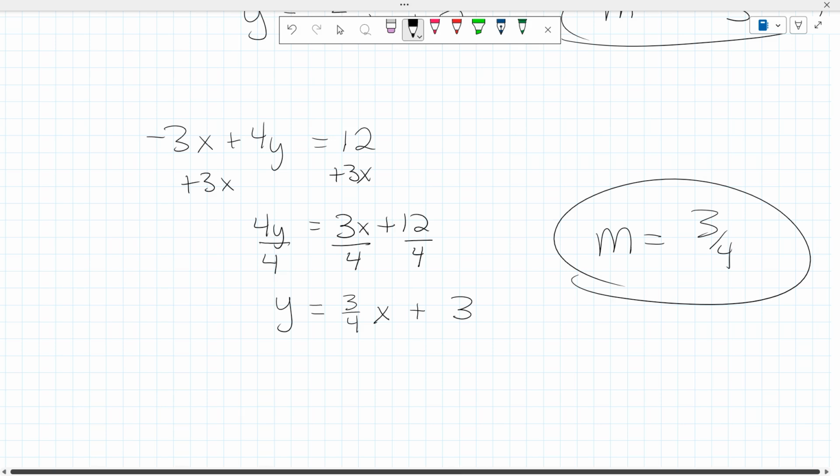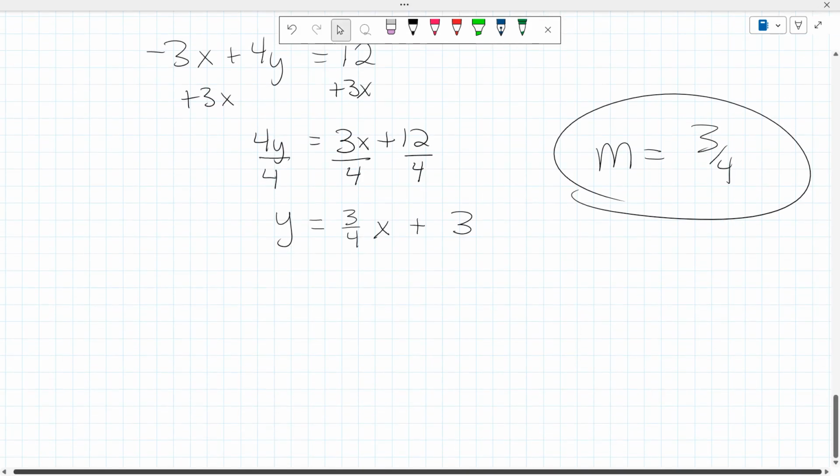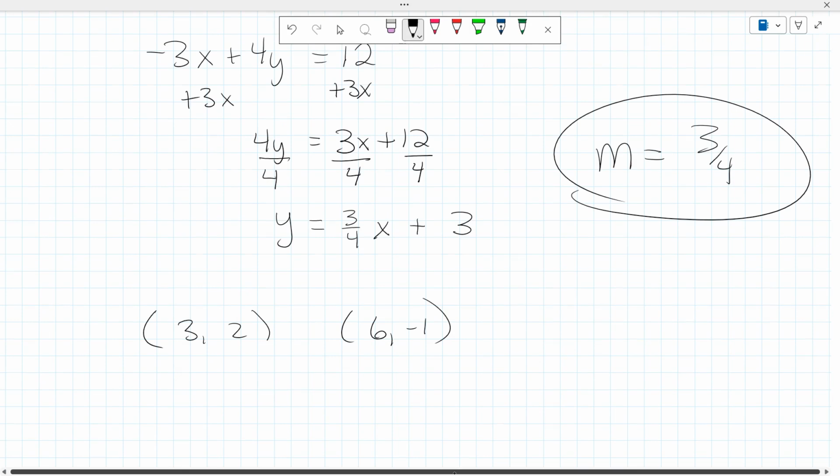Okay, so what did we learn today? Slope formulas. If you have two ordered pairs, (3, 2) and (6, negative 1), we can find the slope. We write down x1, y1 on the first one, x2, y2 on the second one. And the slope is y2 minus y1 over x2 minus x1. y2 is negative 1, y1 is 2, x2 is 6, x1 is 3.